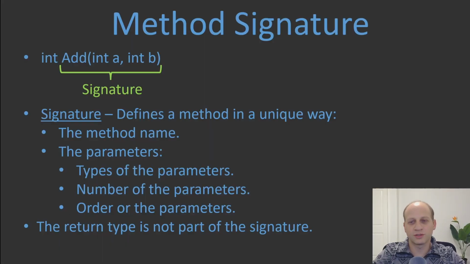This combination is called the method signature. It's what defines a method in a unique way. The signature contains the method name and the parameters, their types, number of parameters, and order. Notice that the return type of a method is not part of the signature.